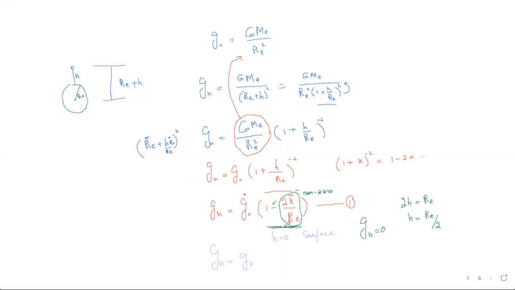When this factor is less than 1 and you multiply it with a number, it will reduce the effect of g naught. Okay, understand? So that is why the value of g reduces with height. Now this confusion of ours is clear.